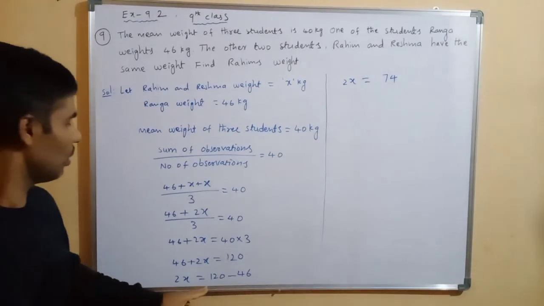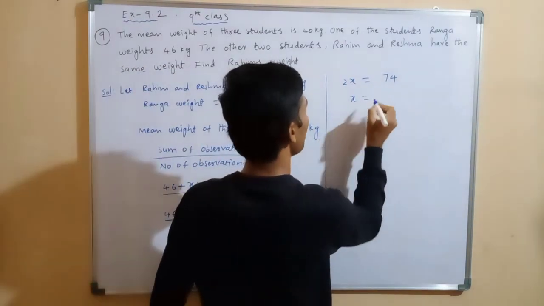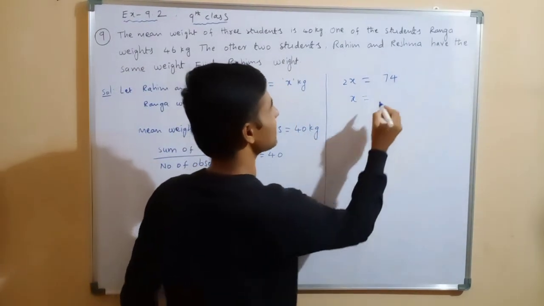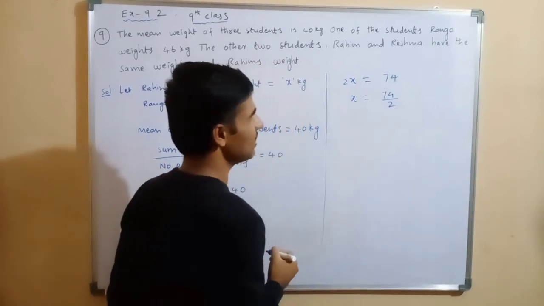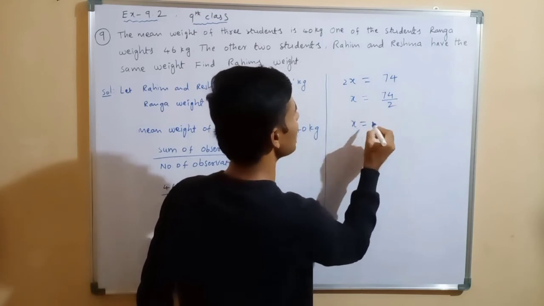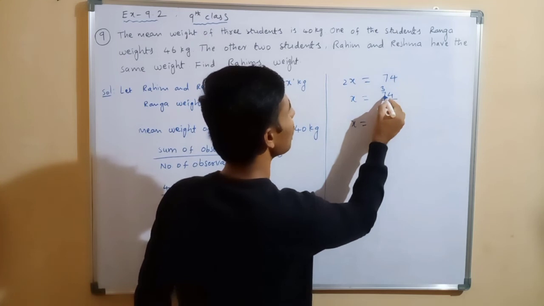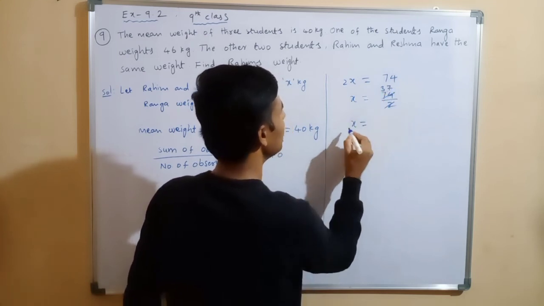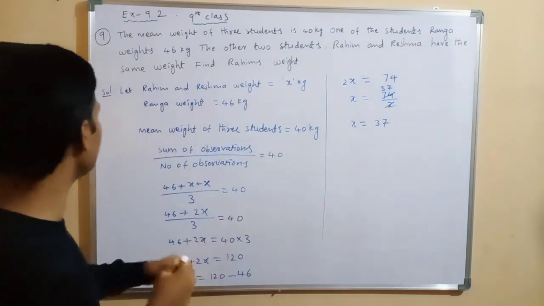So we are getting 74. Now x equals 74, and 2 transposes to become division. We can cancel: 74 divided by 2 is 37. So x equals 37. What did we take x as?